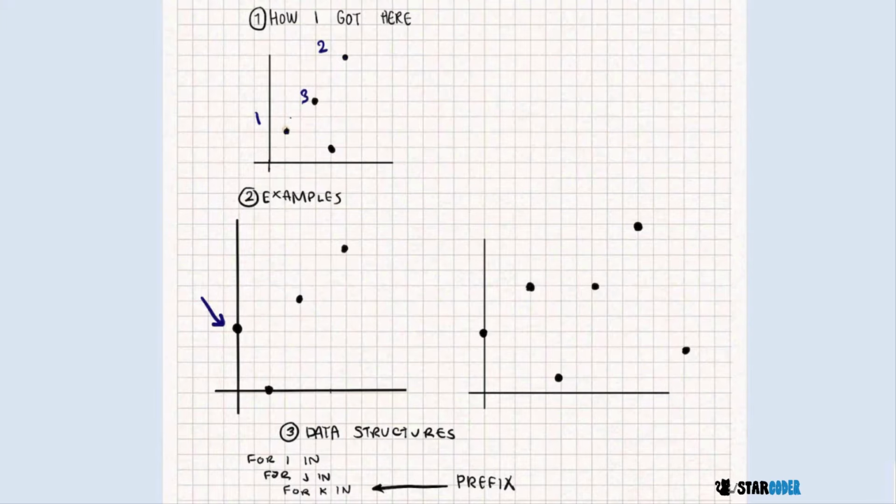I could go here, and since that's the only point there, we move to the next point in the sweep. Then I could create this one, and this one. Then we move on to the final point, and I can create this one, and this one.